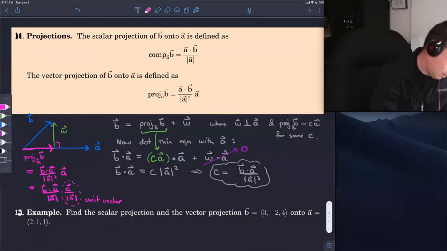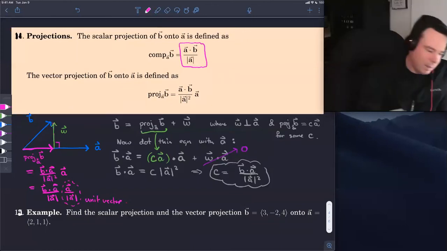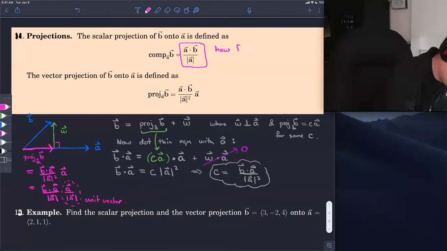And this is what we call the component of B in the direction of A. This is how much B points in the A direction, or I'll even write it as a unit vector. So that's the length of the shadow, if you want to think of it that way.